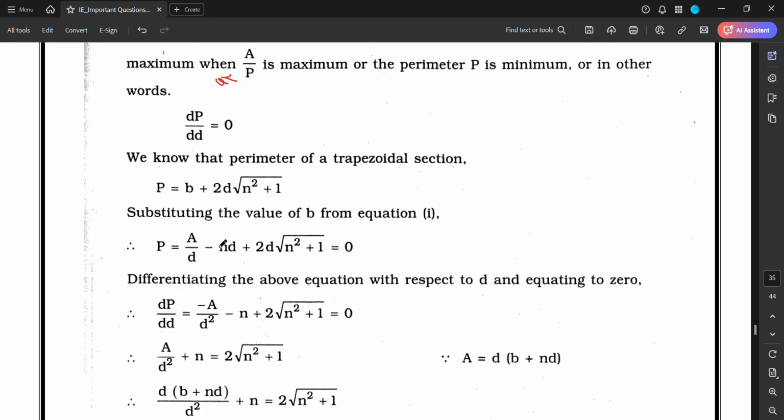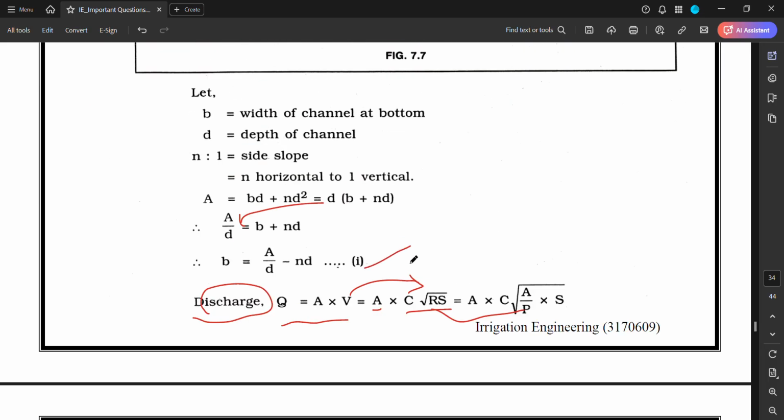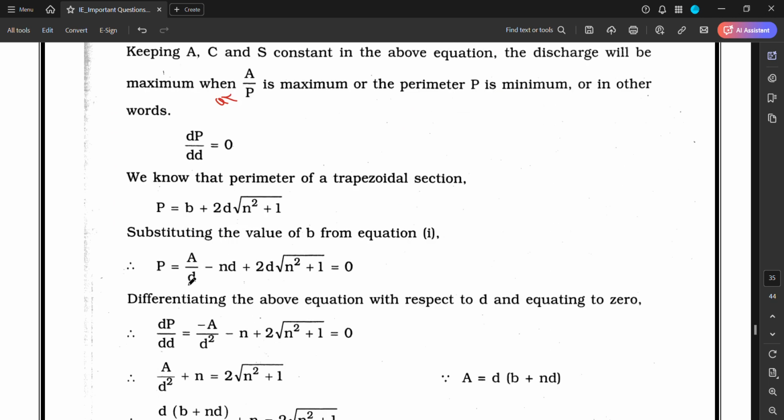We know that the perimeter of a trapezoidal section P is equal to B plus 2D under root n square plus 1. Substituting the value of B from equation 1, P is equal to A by D minus nD plus 2D under root n square plus 1.